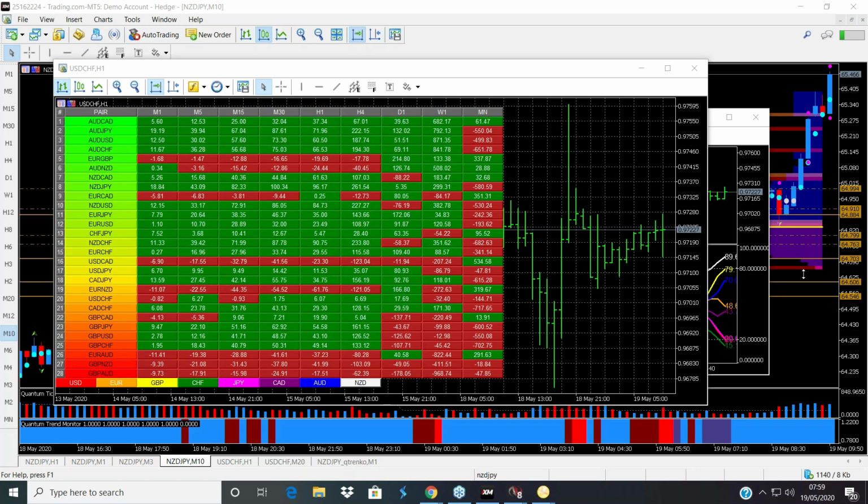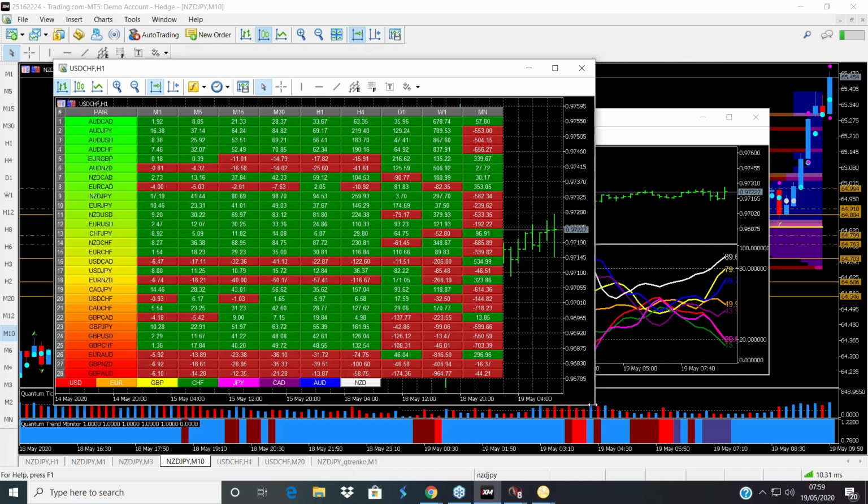And it's common sense when you think about it. If there's a change in sentiment on a 1 minute candle, it's not going to have as much weight as a change in sentiment on an hourly candle or a 4 hourly candle or a daily candle.